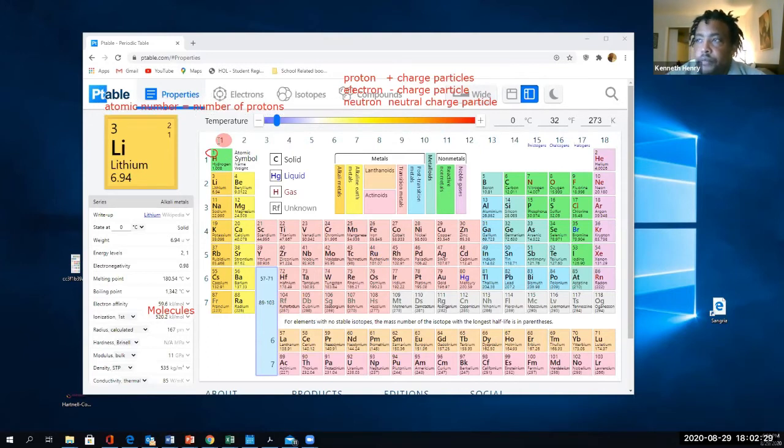Hydrogen is always going to have 1 proton.